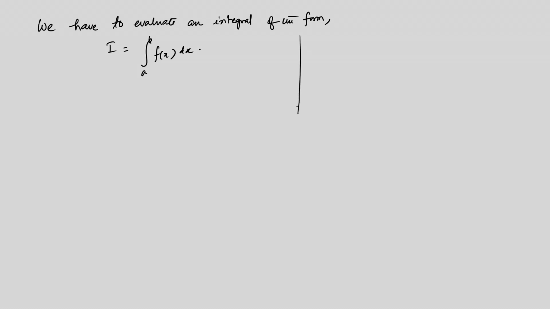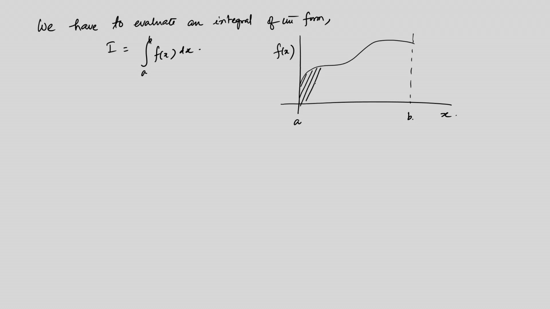What it means is that let us have an f of x, which is say simply like this, so this is f of x versus x, and say this end is a, having a value x equal to a, and say we have a value x equal to b. By this integral, what it means for this particular case is that we need to know the area under the curve.